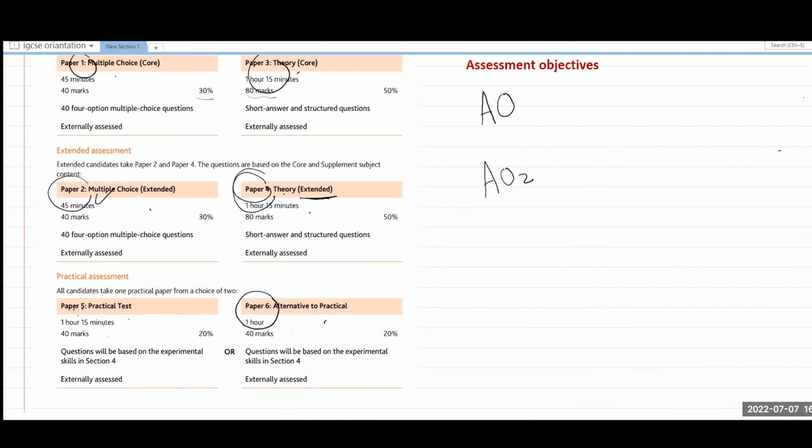Here, the type of questions which cover the part of assessment AO1 is understanding and knowledge.